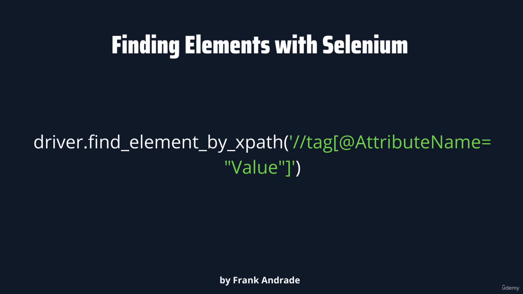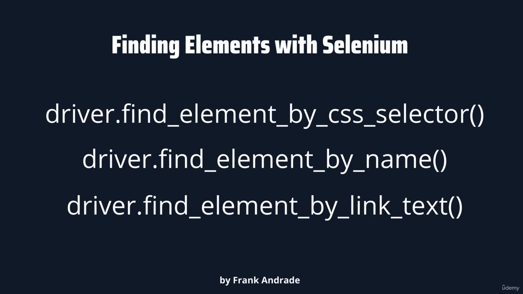So as you might remember, you have to write //tag, open square brackets, @attribute-name equal to the attribute value. As I mentioned before, there are other ways to find elements in Selenium, for example CSS selector, name, or link text. But XPath, tag name, and class name are used more frequently.